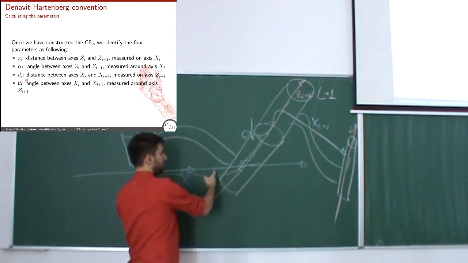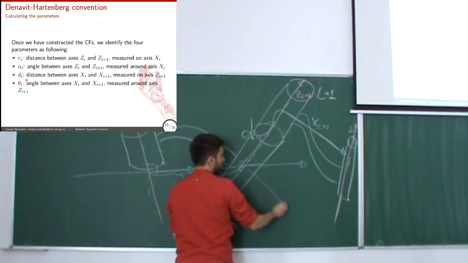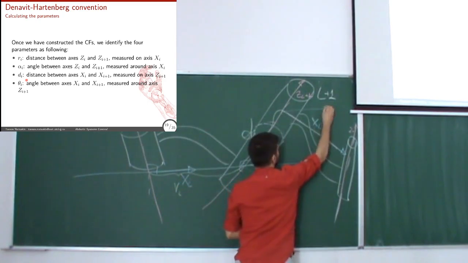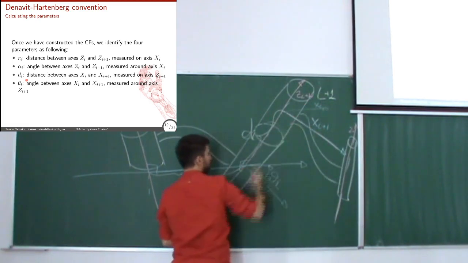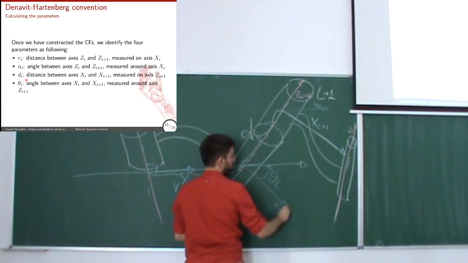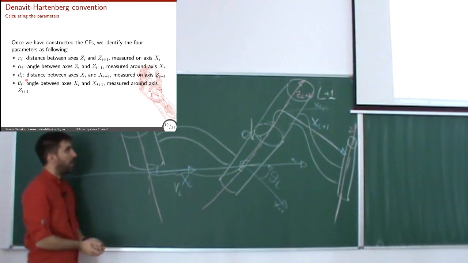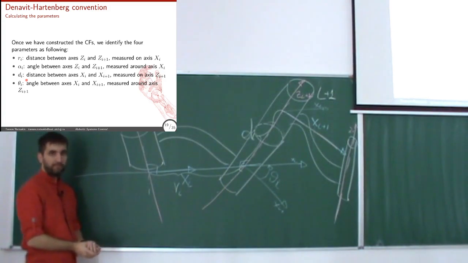I just extend it, and then down here there is an angle between them. Or this up here. So this is xi translated up there.